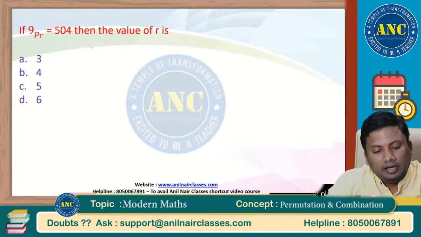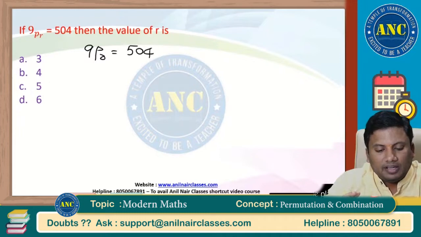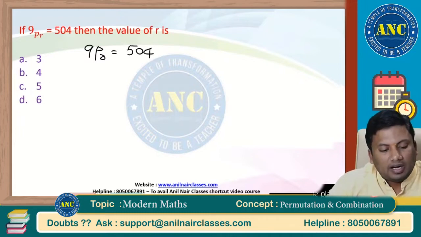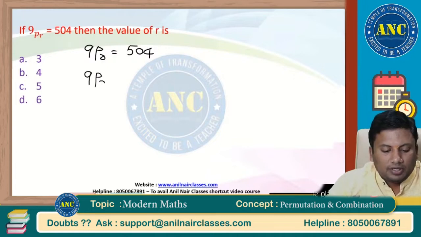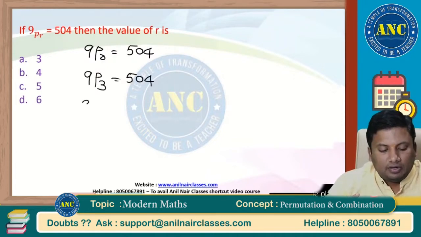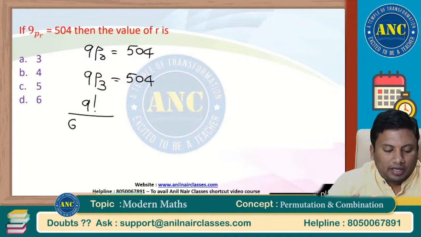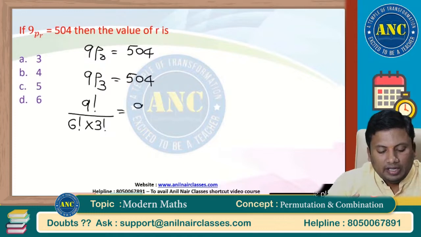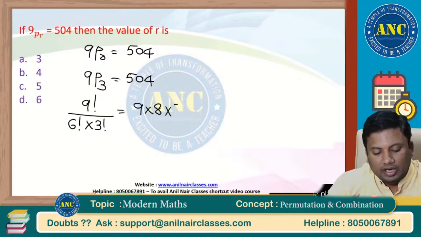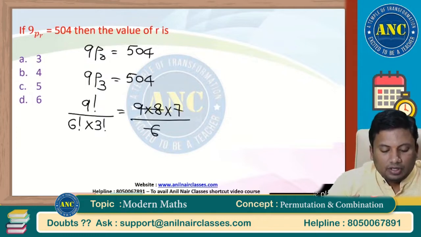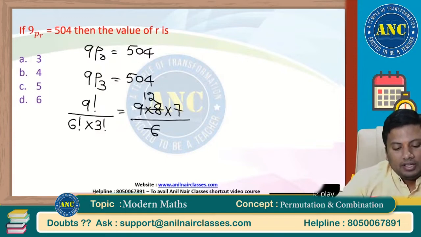9Pr is nothing but 504. The value of r? Let me go by the answer options. First option 3. 9P3 is nothing but 504. 9 factorial by 6 factorial into 3 factorial.